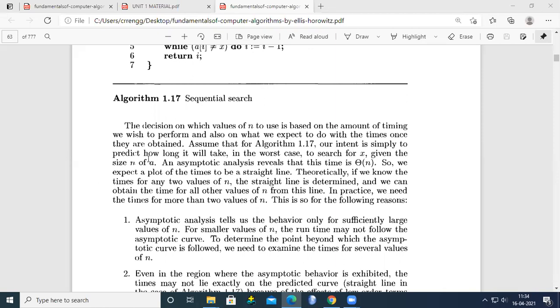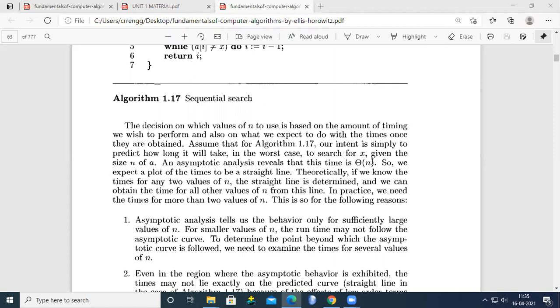So simply predict how long it will take in the worst case to search for x, given the size n of array A. An asymptotic analysis reveals that this time is theta of n.